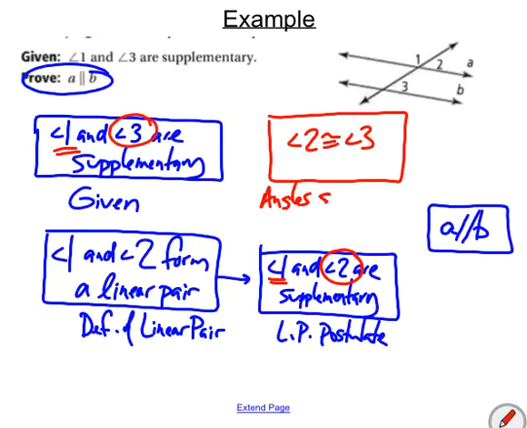So here I might say angles that are supplementary to the same angle are congruent to each other. And if you go back and look at the Chapter 2 theorem sheet, that's theorem 2.2.